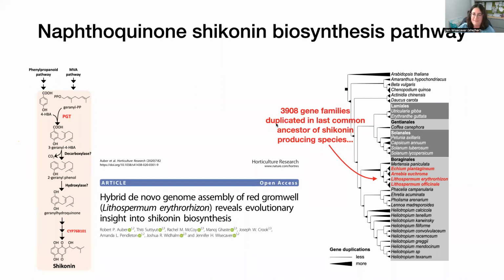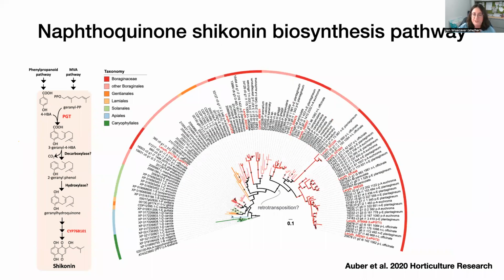But we looked within those families to see what sort of genes were in that set, and if any of them look like they could be participating in Shikonin biosynthesis. Just one of those genes that we found interesting was the gene family that contained this PGT enzyme.